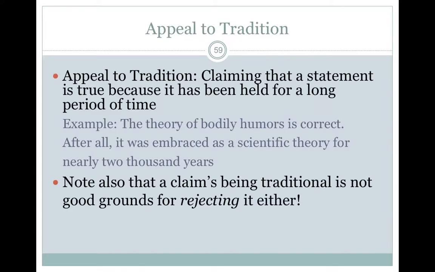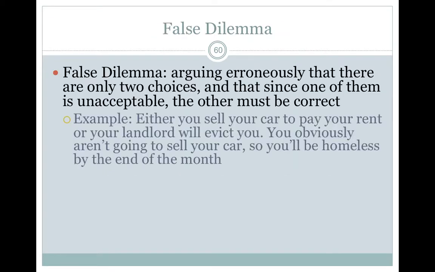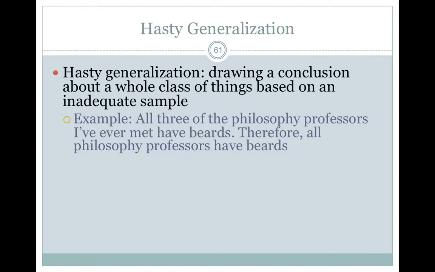And the appeal to tradition, I don't think this logical fallacy is committed as often as others. And false dilemma is interesting. You can pause that if you'd like, and likewise for hasty generalization.